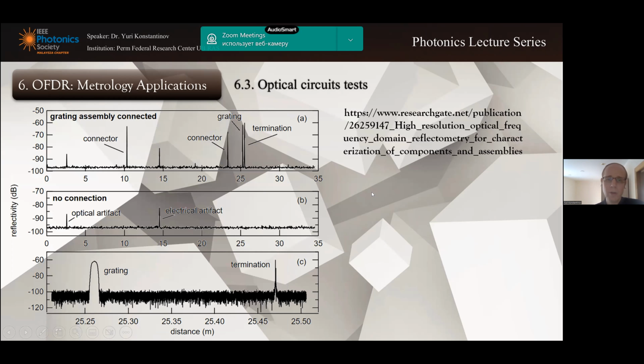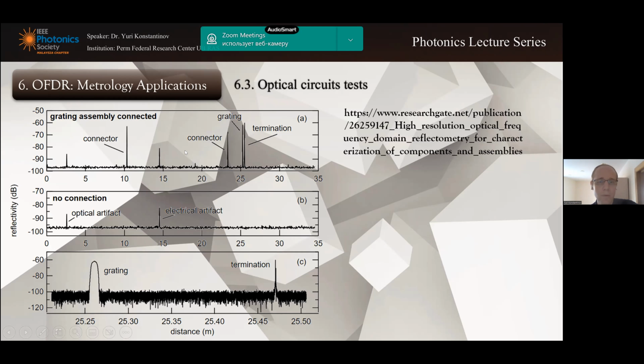So the general application in metrology for the OFDR is the measurement of assemblies and setups and different installations with optical fibers, optical circuits, optical elements, and so on. All these things can be seen in the OFDR trace, just like we saw before.